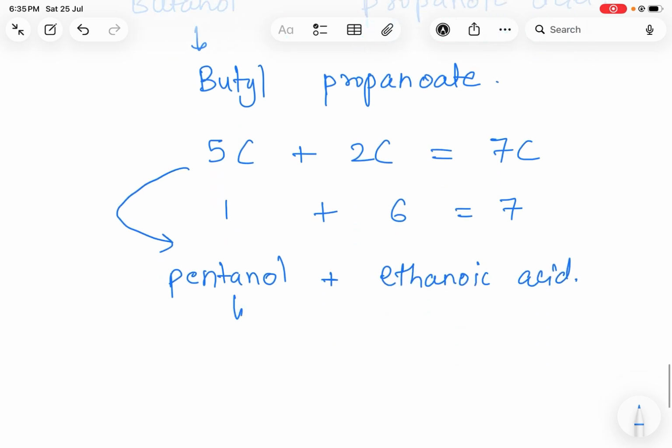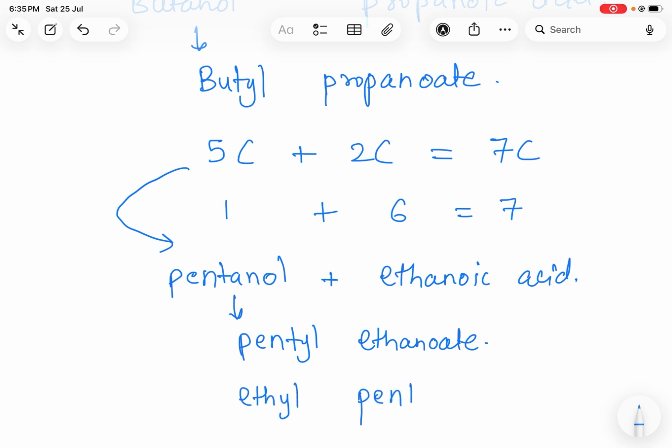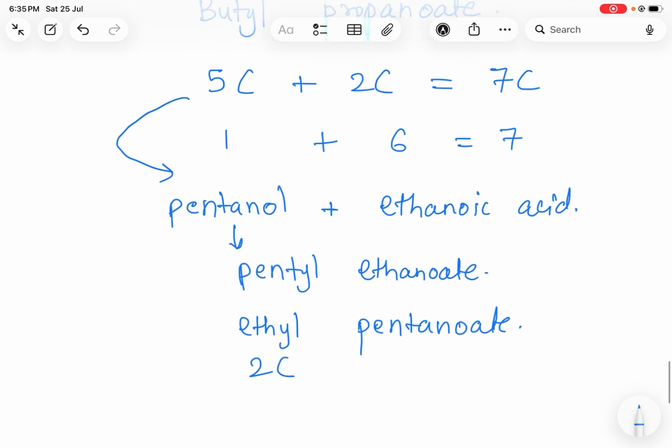Now pentanol will become pentyl and ethanoic acid will become ethanoate. So pentyl ethanoate, or we would say ethyl pentanoate, if I take a 2 carbon atom alcohol and a 5 carbon atom carboxylic acid.